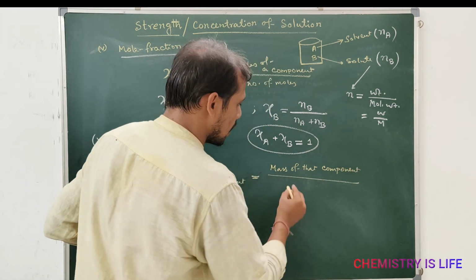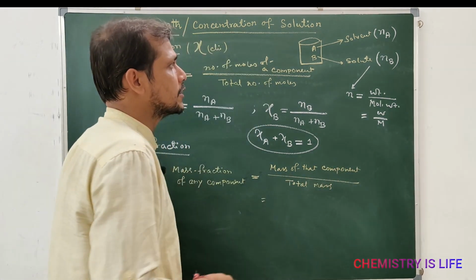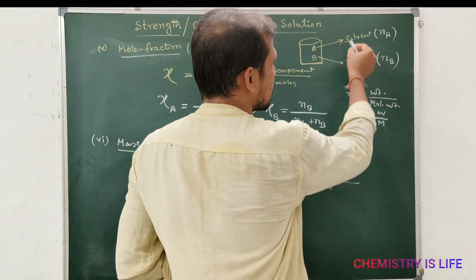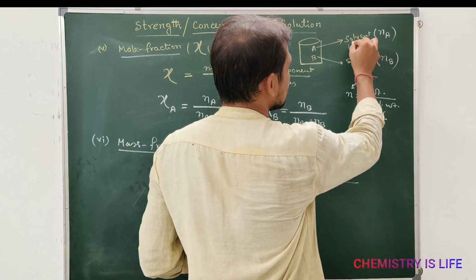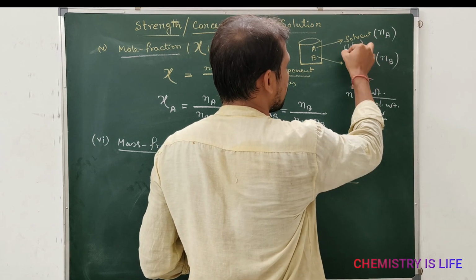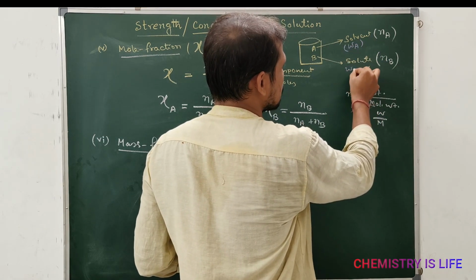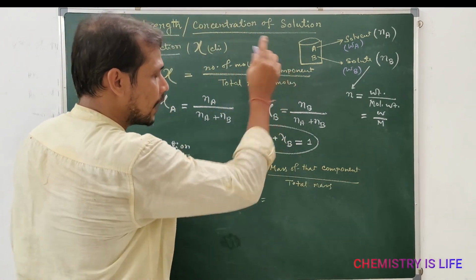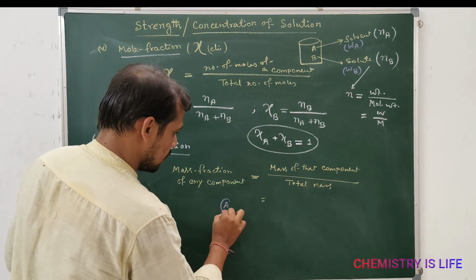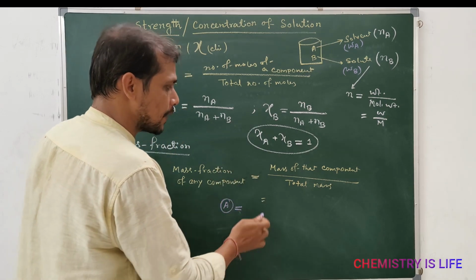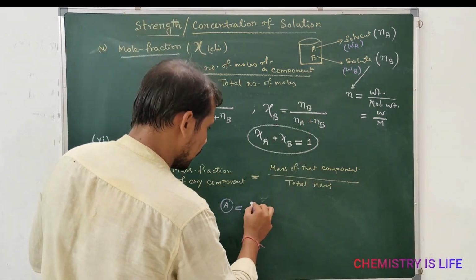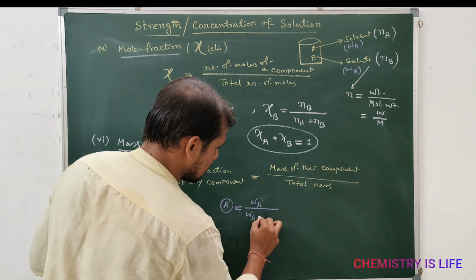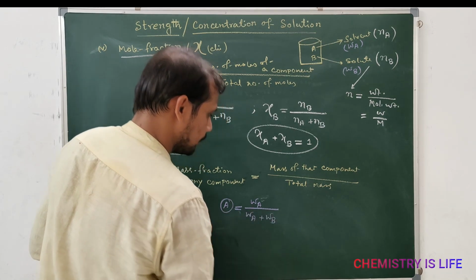divided by total mass. As for example, let's take solvent A and solute B. Let's say the solvent has a mass of Wa and the solute has a mass of Wb. So what is the mass fraction of A? For A, the mass fraction is the mass of A, that means Wa, divided by the total mass, that is Wa plus Wb.